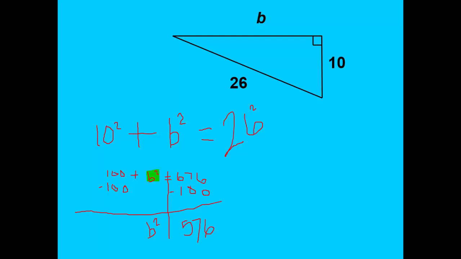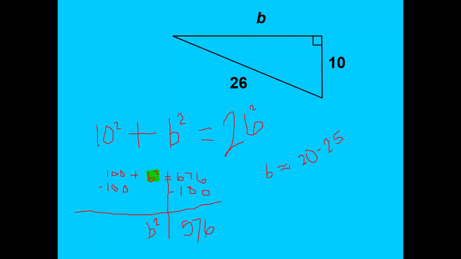And what I know about 20, because I work very well with my tens numbers, is that 20 would give me 400. So the answer for B has to be approximately some number between 20 and 25.